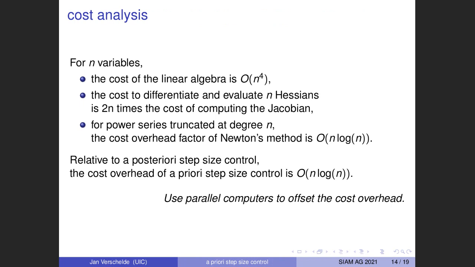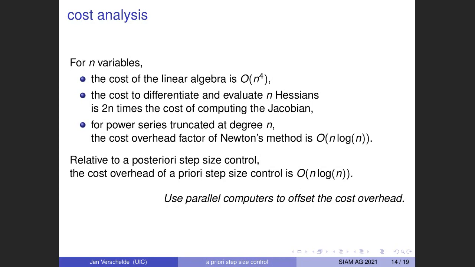So then there is a lot of work that we have to do. Let's try to quantify this a little bit. We have the singular value decompositions of all the Hessians. The Hessians themselves can be computed efficiently directly from the Jacobians in a cost overhead factor that is linear in the dimension.